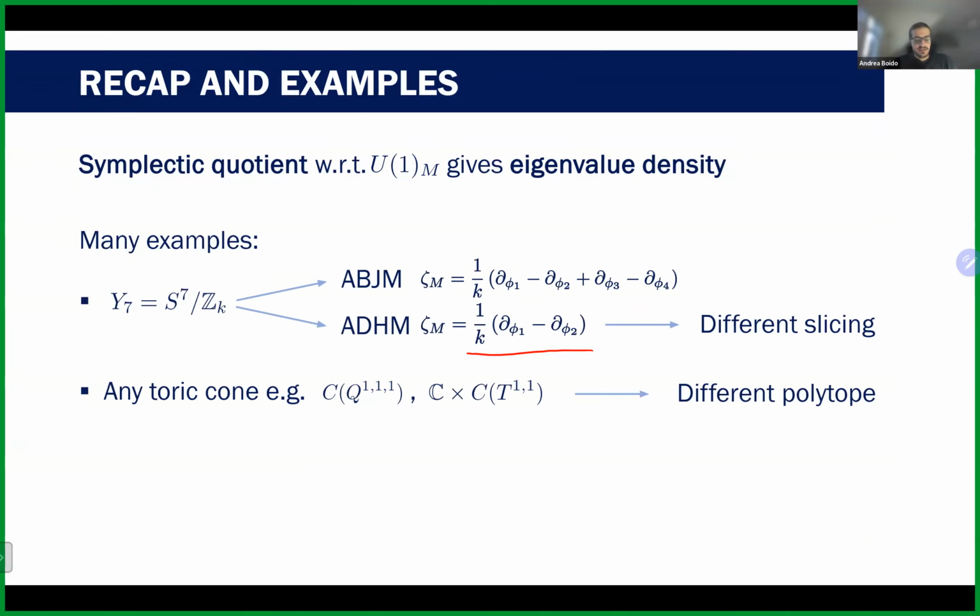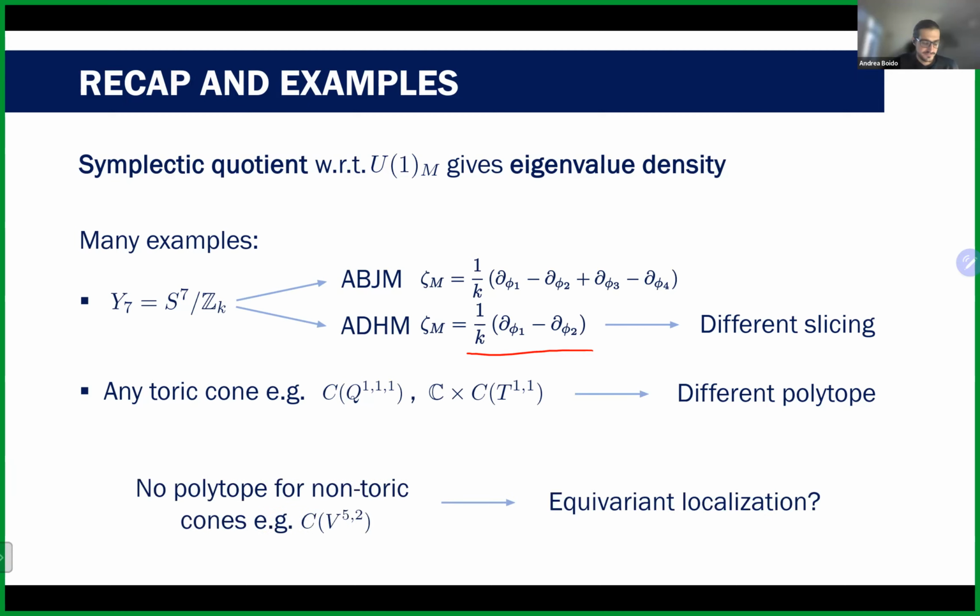So I was saying for the toric case in general, you will have a different polytope. I also have some figures for those if you want to see them later. You will have a slicing of this polytope, and the 2D figure will give you the eigenvalue density. The formula I showed you before, the one with the derivative of the volume of K tau, in principle holds even for non-toric cases.